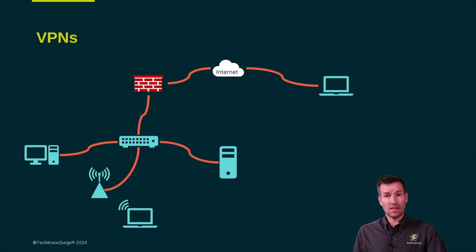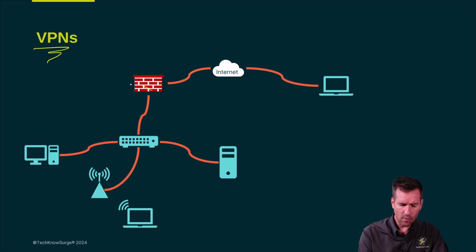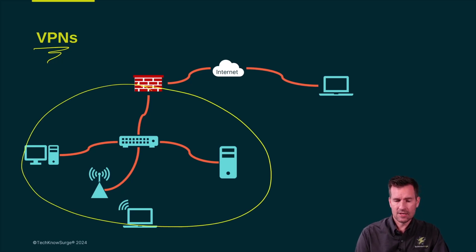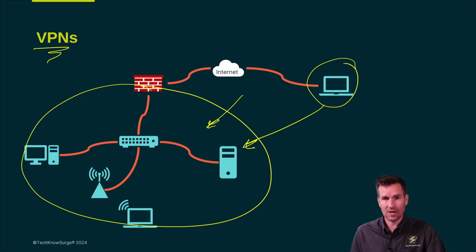Another thing that's become a lot more prevalent now that we do a lot more working from home and working remotely is virtual private networks. We have a network of machines at work so that we can access different resources within that network. However, when you work from home, you still need access to things to do your job.